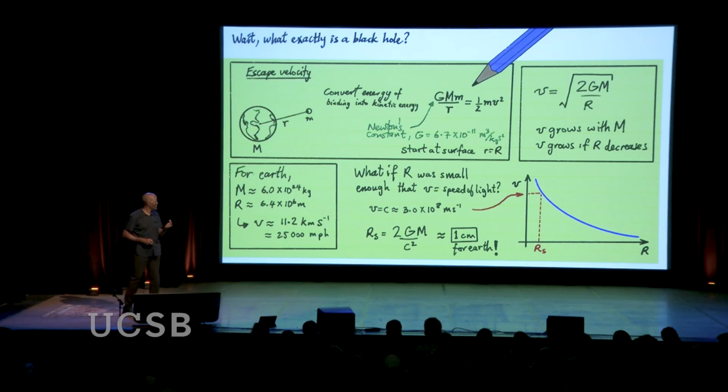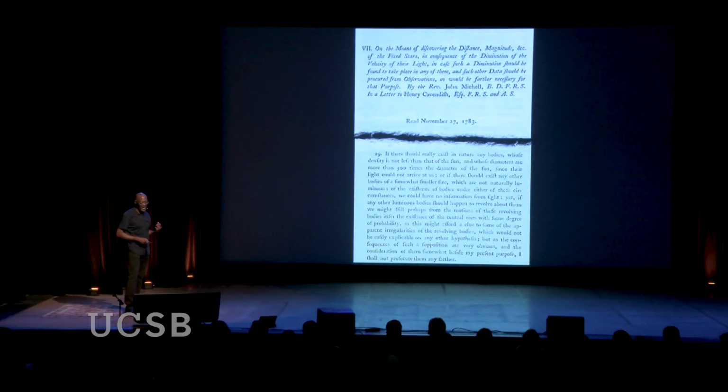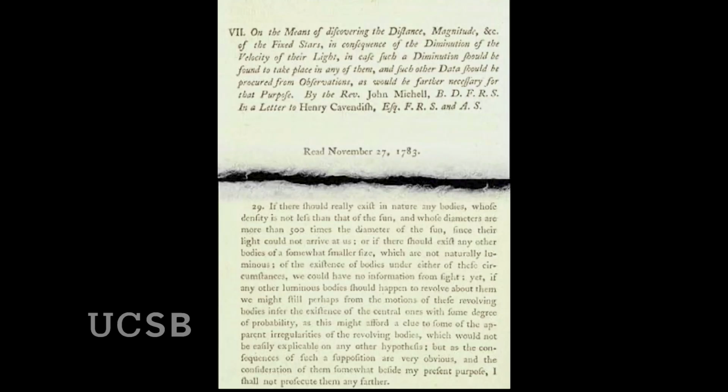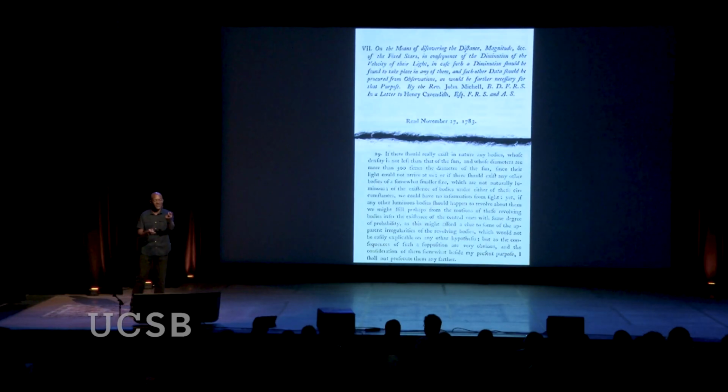So if you took the Earth, and I'll show you that in a moment, and crushed all that mass down to the point where light can't escape, it would be about a centimeter across. Sounds crazy, but nature does this.